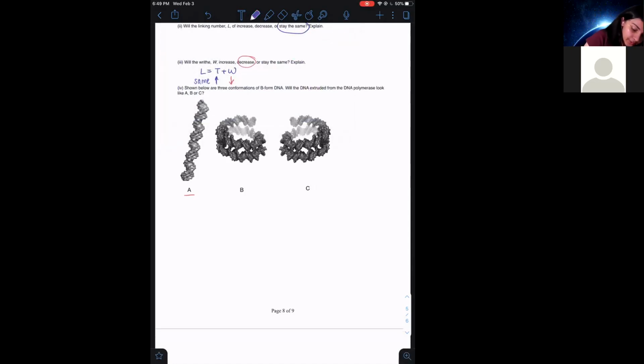So since we have negative supercoiling, this would result in a left-handed solenoid. And then from that, we can just see which of these corresponds to a left-handed solenoid. So that is all. Are there any questions?